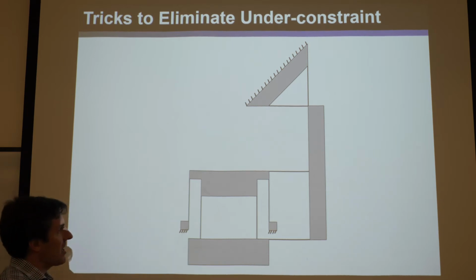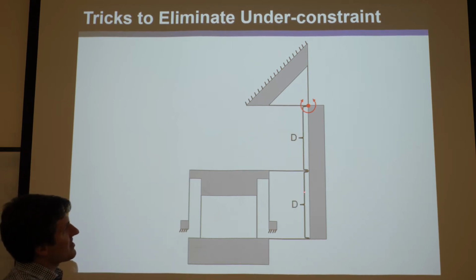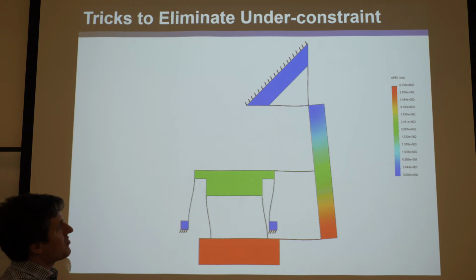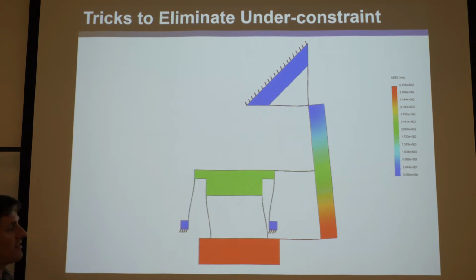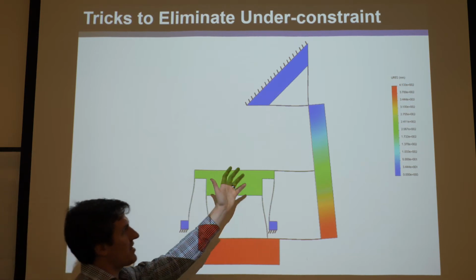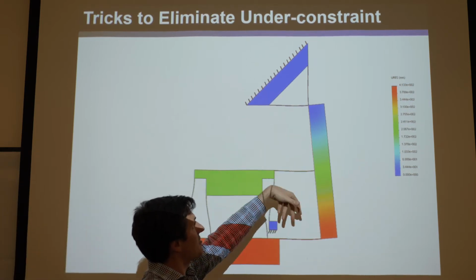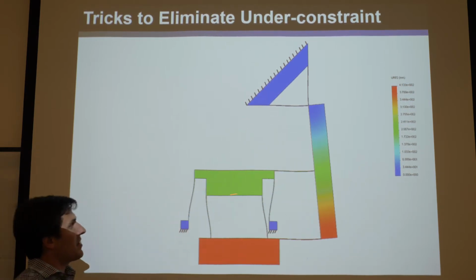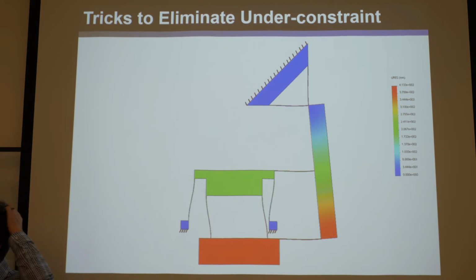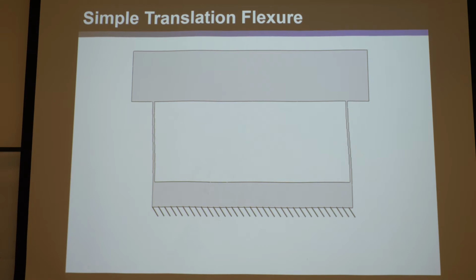We fixed the under constraint. And because these distances are the same here, when you rotate it, this guy will move half the distance as that, and you'll fix the parasitic error. Problem is you added another huge mass, and it's not symmetric, and it's really ugly, and the grounds are all apart, and so it's not good.